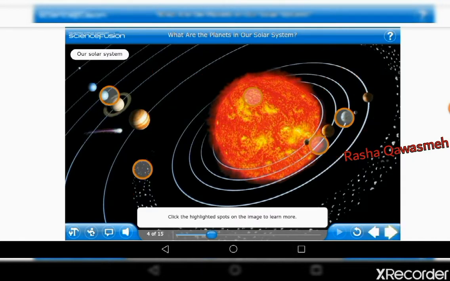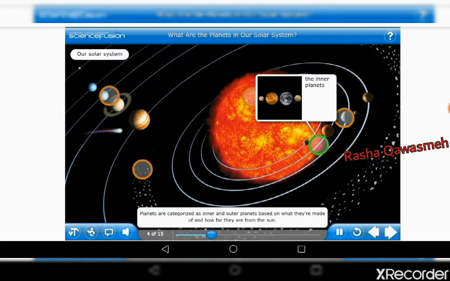Okay, let's see hotspots. Planets are categorized as inner and outer planets based on what they're made of and how far they are from the sun. The inner planets all have solid surfaces.